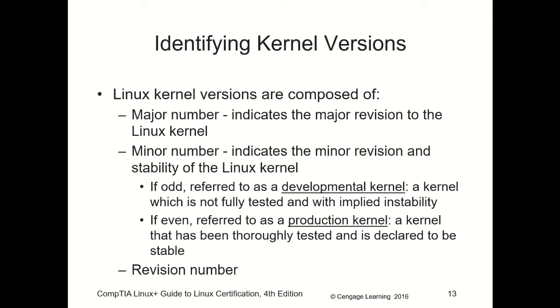If it is even, then it's a production kernel, meaning it's pretty stable. So that's a beautiful thing, right? You can identify Linux kernel versions in terms of major and minor numbers. The major number is the major revision of the kernel, the minor number represents production if even and experimental if odd, and then it also has the revision number.